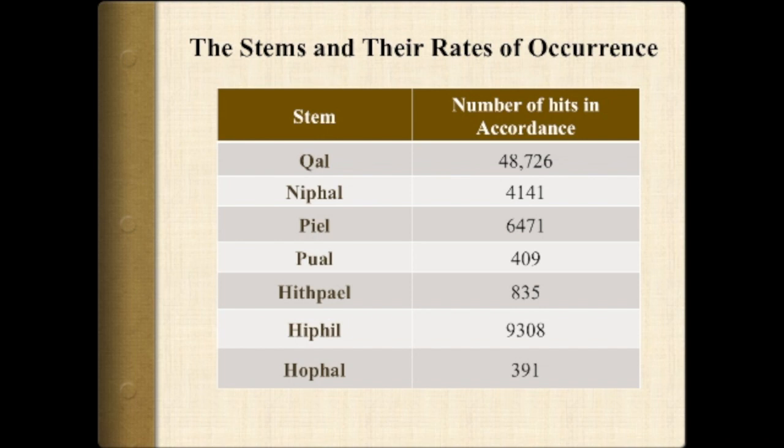And you can see by far the most occurrences of verbs in the Hebrew Bible are in the qal stem, the most basic stem, over 48,000. The next highest is the hifil at about 9,300, the piel 6,400, and so forth. Some of the various stems do not occur very much.